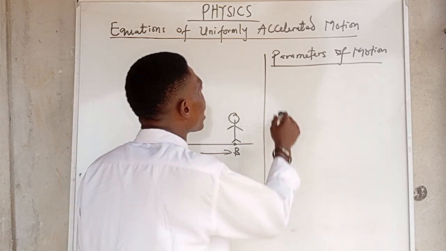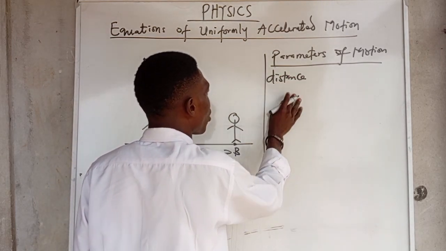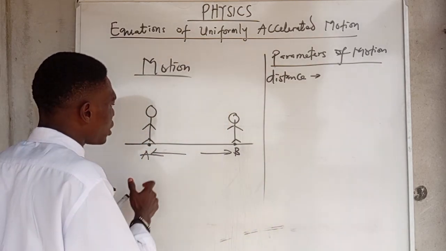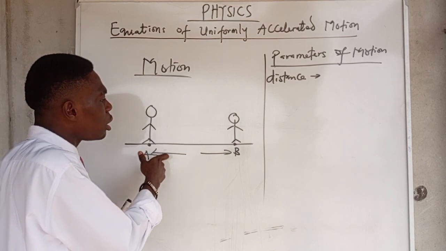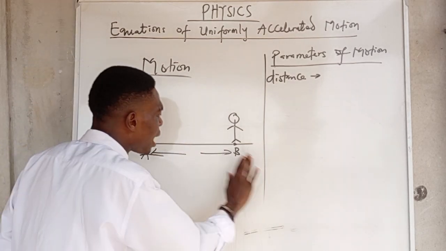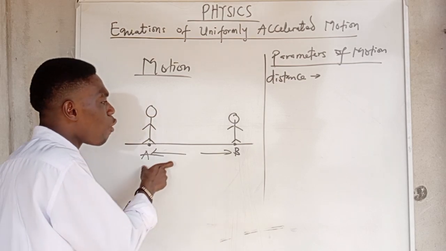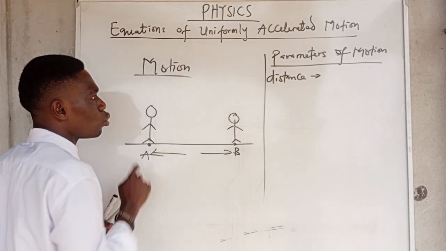The first thing we look at is distance. Whenever an object or a body undergoes motion, we will see that that body actually covers a distance. You can't move without covering a distance, and so distance is connected or related to motion.